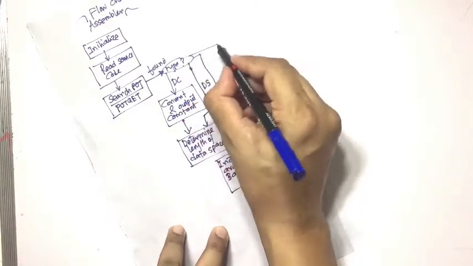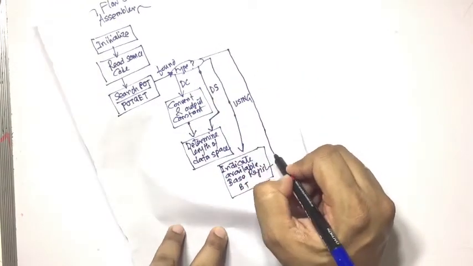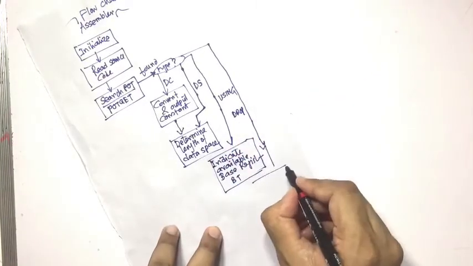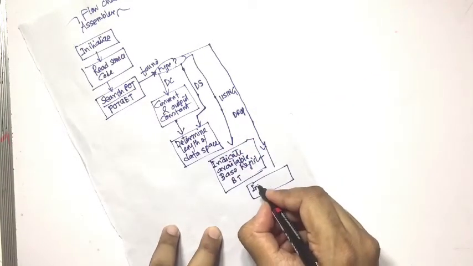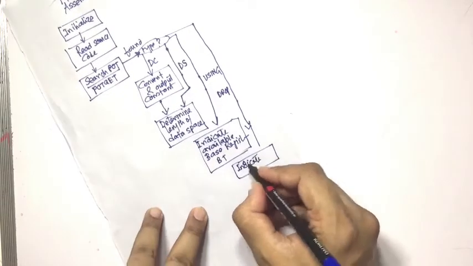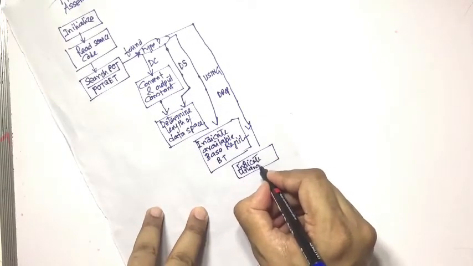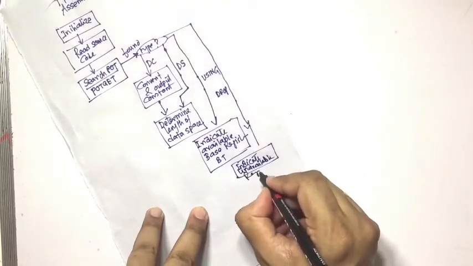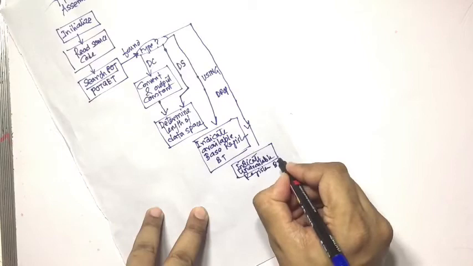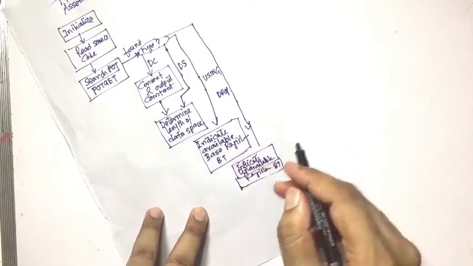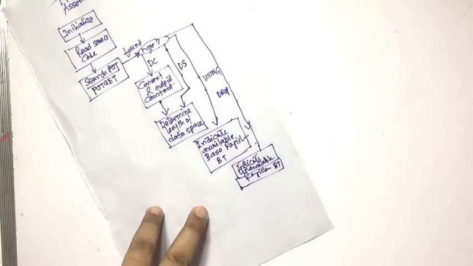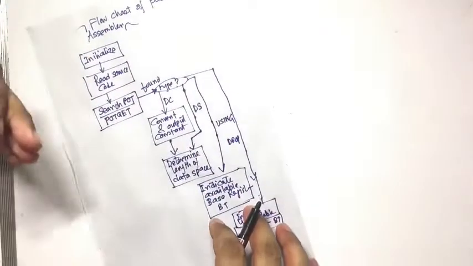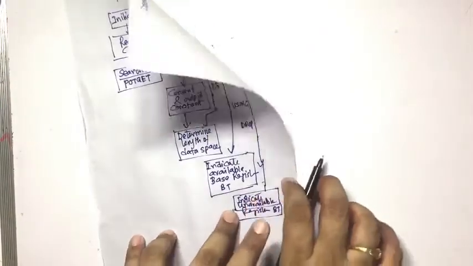If there is a DROP, then it indicates unavailable register BT. So this is for available and this is for unavailable registers. This is the type checking. If the type is found, then these are the steps.